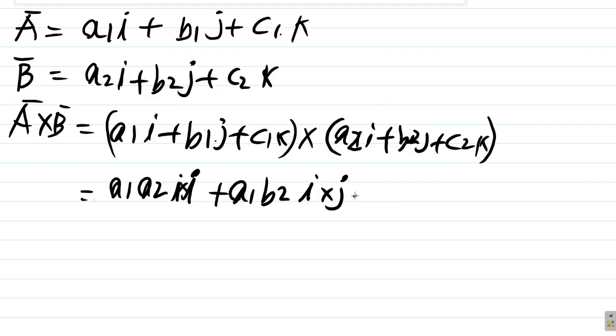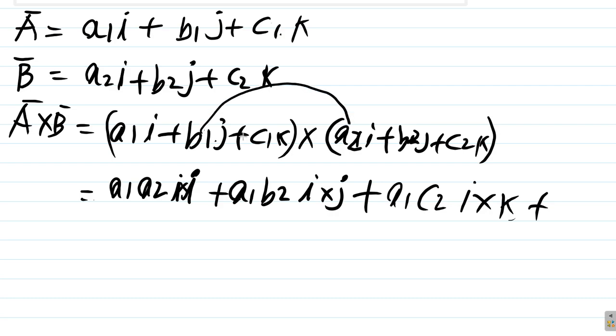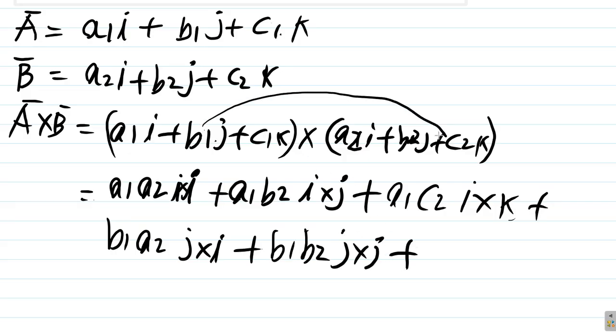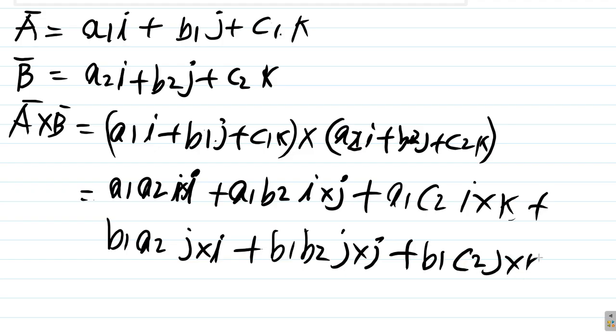A1, B2, i cross j, plus A1, C2, i cross k, plus B1, A2, j cross i, plus B1, B2, j cross j, plus B1, C2, j cross k.